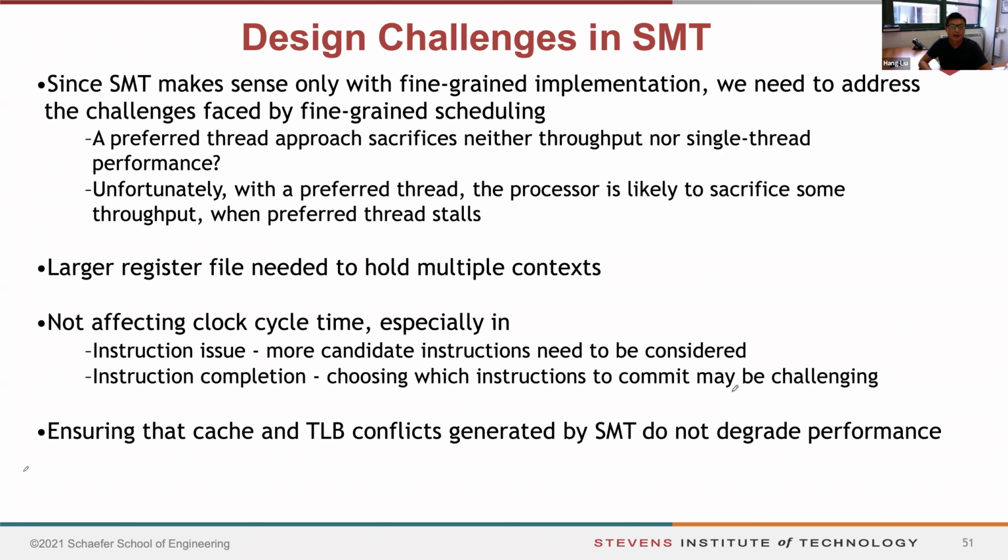Larger register files are needed to hold multiple contexts, not affecting clock cycle time, especially in instruction issue. What kind of instructions needs to be considered? Instruction completion, choosing which instruction to commit might be challenging. Ensuring that the cache and TLB conflicts generated by SMT do not degrade the performance, right?